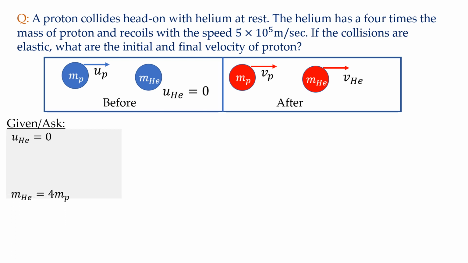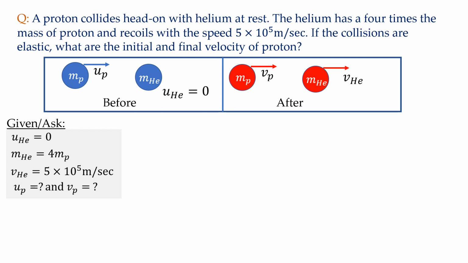The mass of helium is 4 times the mass of proton, and the final velocity of helium is given, which is 5 times 10 to the power of 5 meters per second. We need to find the initial velocity u of proton and final velocity v of proton.